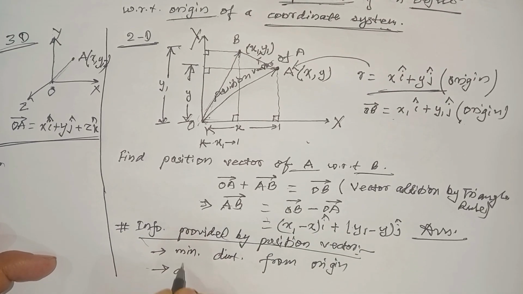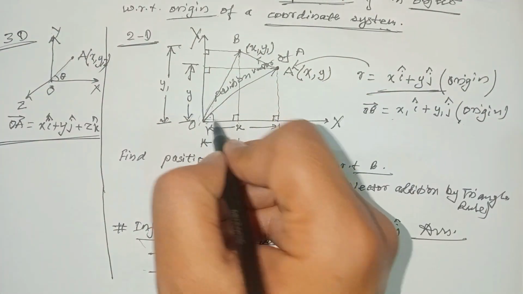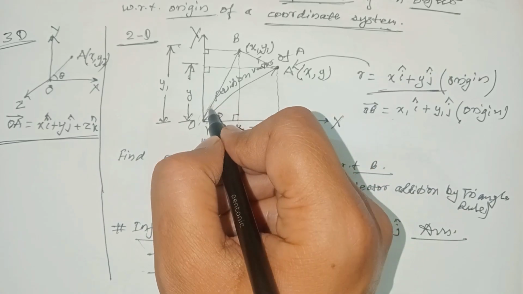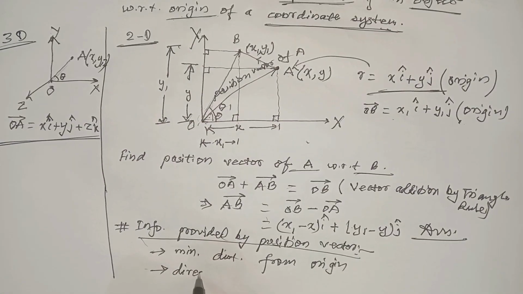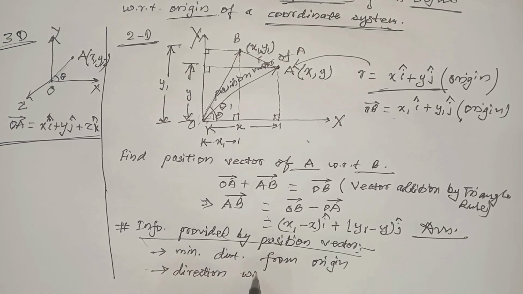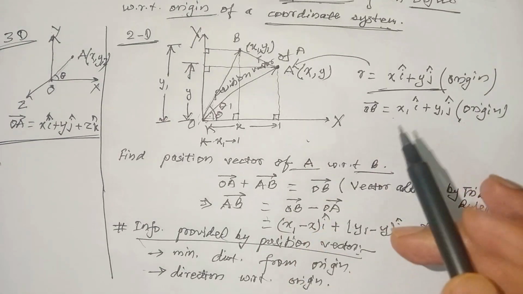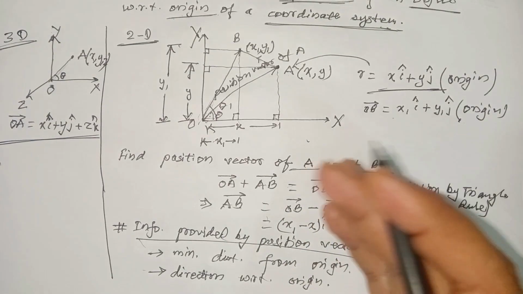Next, direction also. This theta will show the direction. If this is here, this is theta. If this is about B, this can be written as theta 1. So it says about the direction also, direction with respect to origin. If the point is single or any point, it shows minimum distance from origin and the direction from origin.